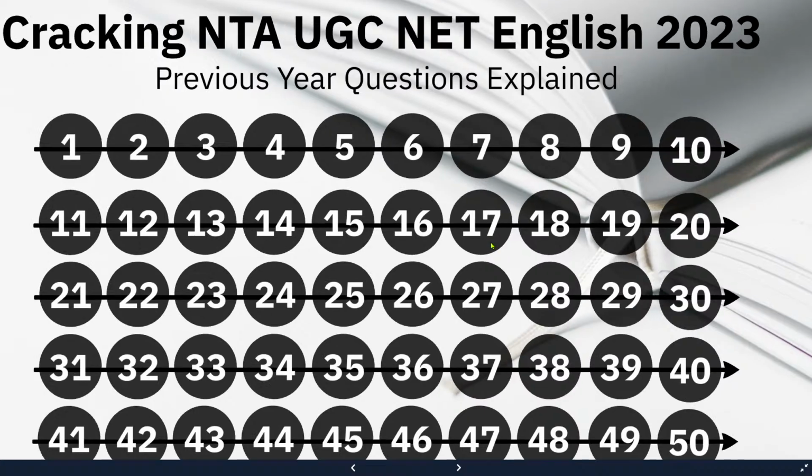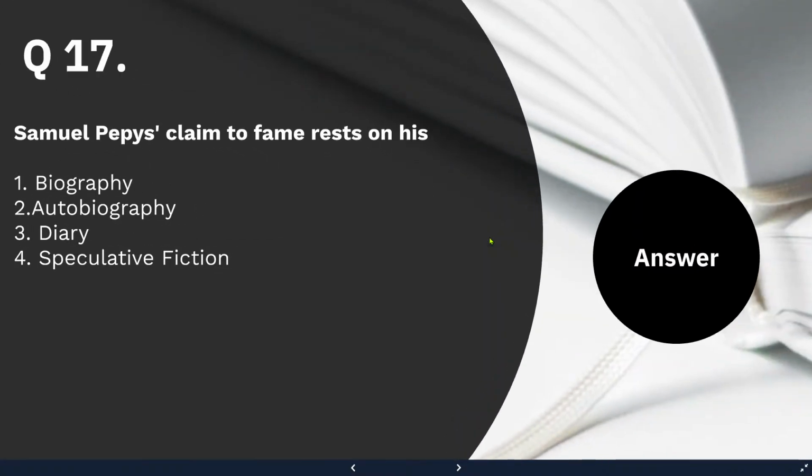We have question number 17 now. Samuel Pepys. Samuel Pepys' claim to fame rests on his... everybody knows, and just write me in the comments what you think it is.